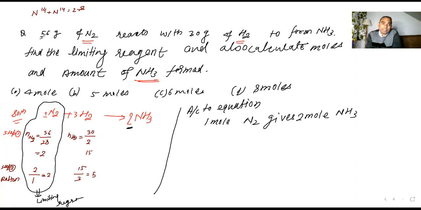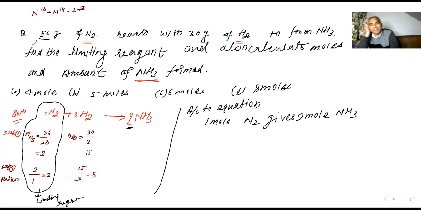Now see, 56 gram is given for the limiting reagent. So how many moles of limiting reagent is there? We are comparing the moles, so we get 1 is equal to 56 over molar mass.